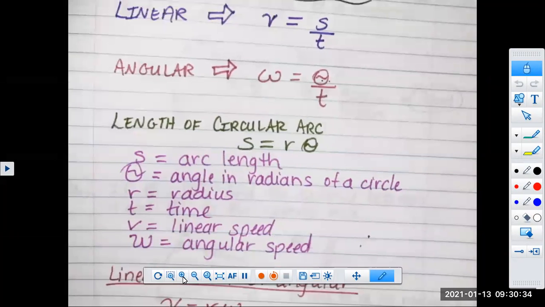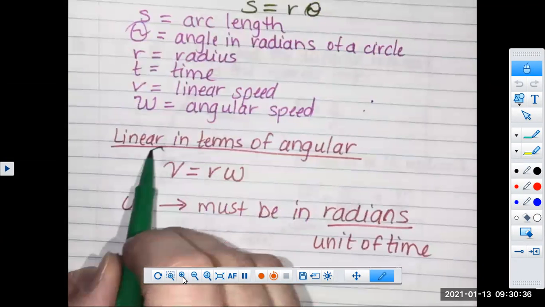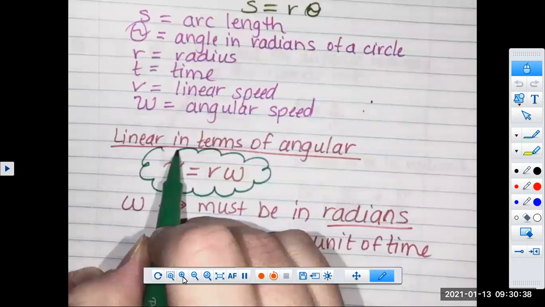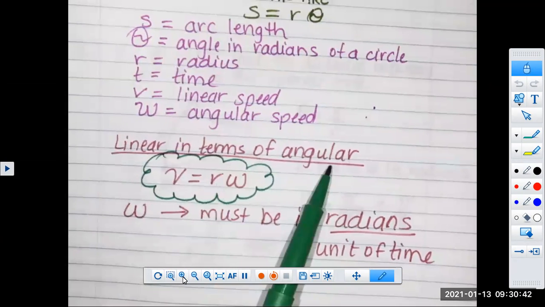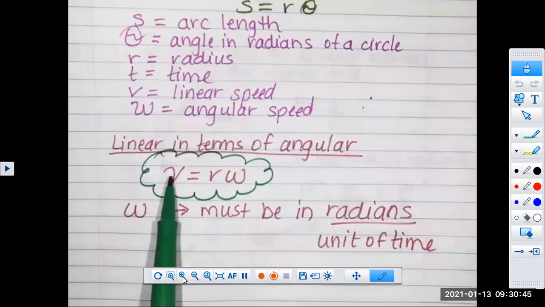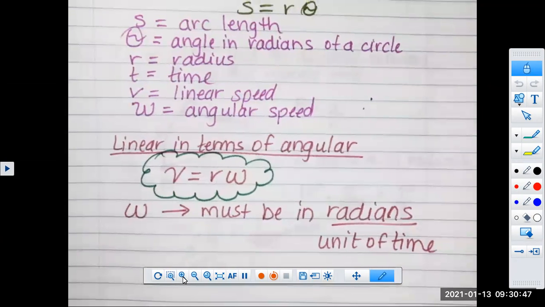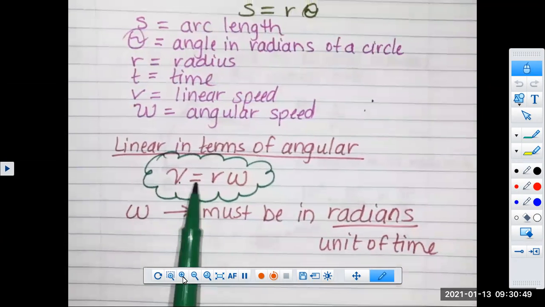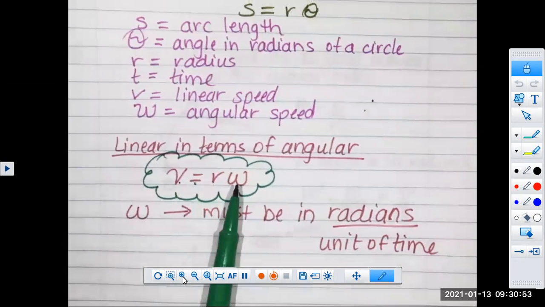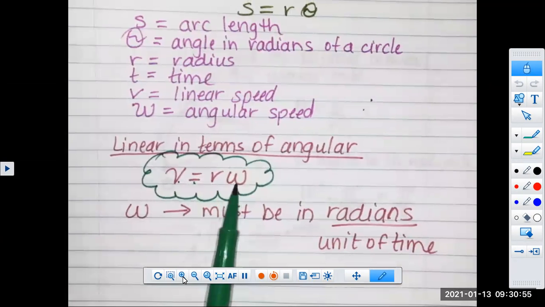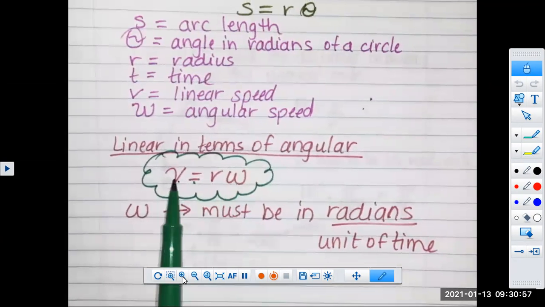All right, let me scroll down. This is the main formula. They're going to ask you to find linear speed in terms of angular speed, and this is the formula you're going to use. Linear speed is going to be equal to your radius length times whatever your angular speed is. Linear speed equals radius times angular speed.